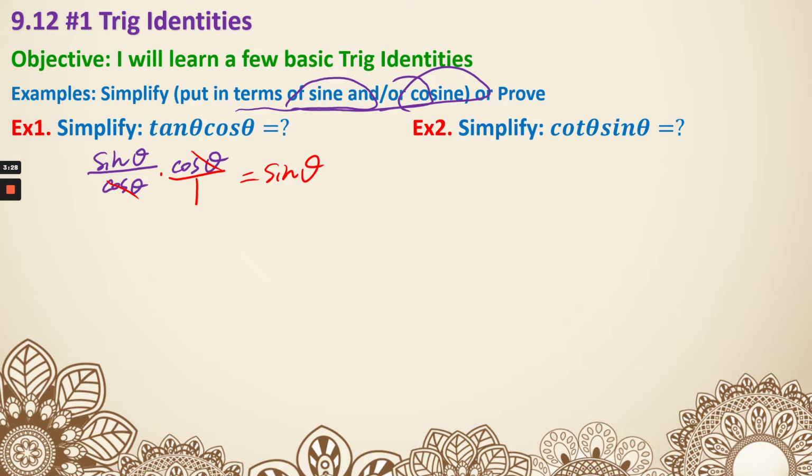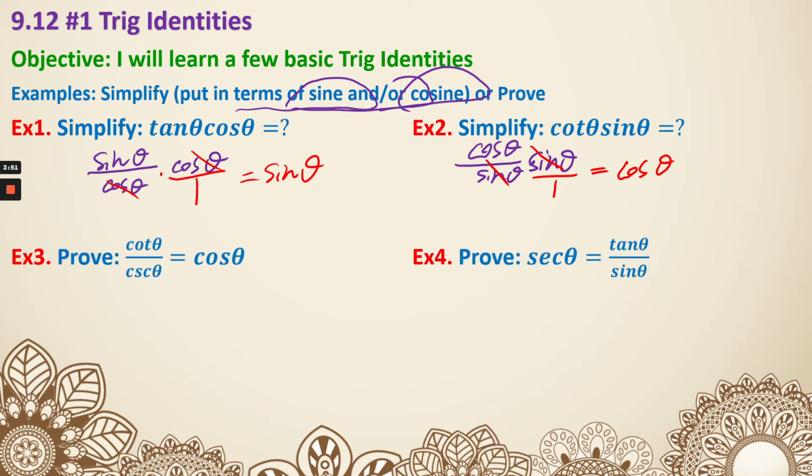Number 2, I can rewrite cotangent to be cosine over sine. And then I'm going to still put the sine next to it. That means multiplication. And I'm going to put it over 1. The sine cancels. Just have cosine theta left. That's number 2.